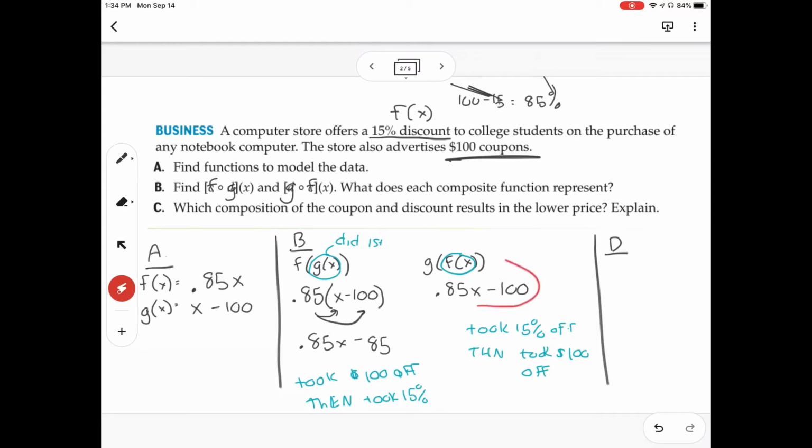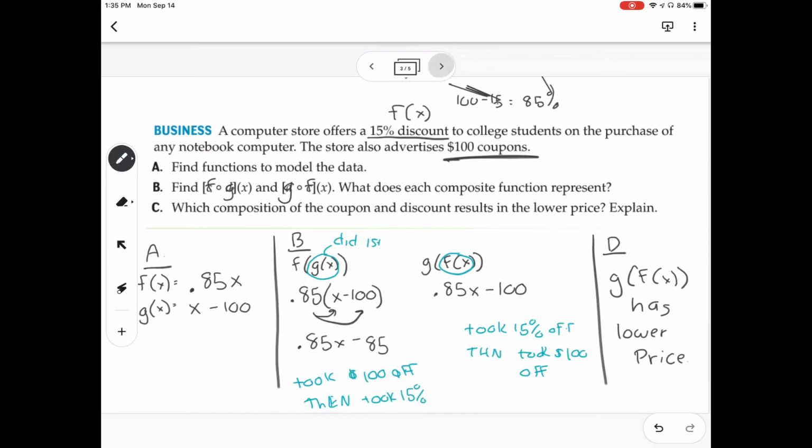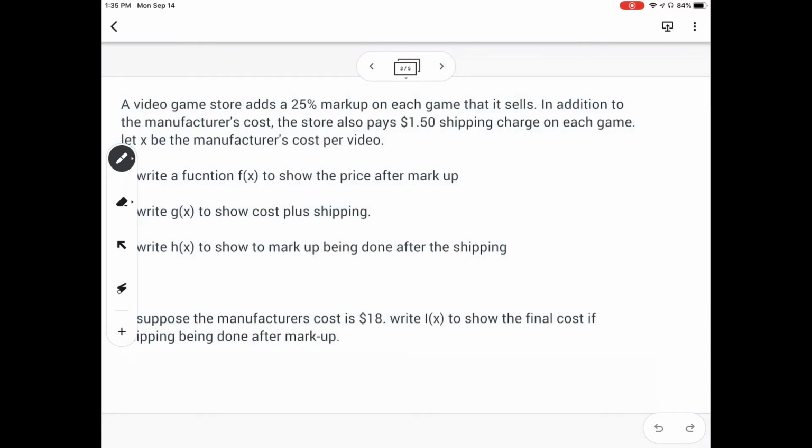So the biggest discount would be the minus 100, because that's going to save you more money. So g of f of x has the lower price. So do the discount first, then the coupon. That's our first example.